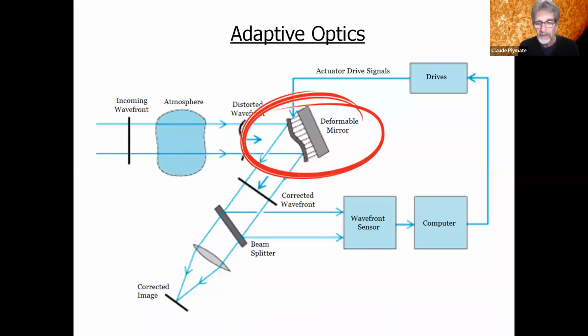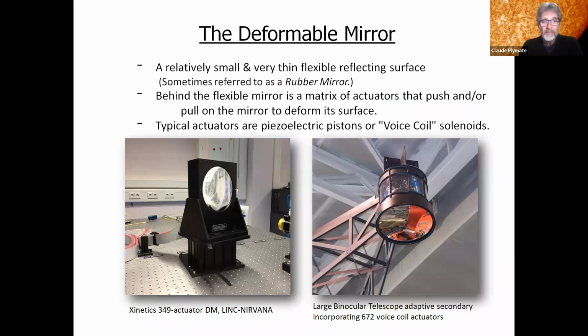Now, the deformable mirror, let's talk a little bit about that. Well, the deformable mirror is typically a relatively small and thin mirror, something on the order of maybe 1 millimeter thickness that is thin enough to be flexible to some degree. It's sometimes referred to as a rubber mirror for that reason.